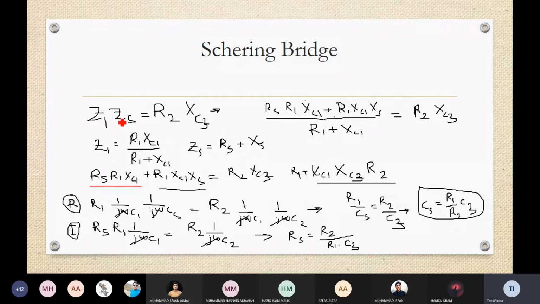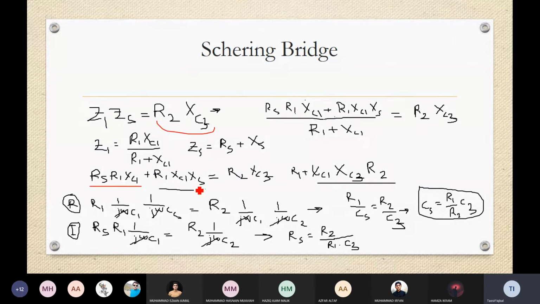And then the denominator of Z1 is multiplied on the other side. So we get two components on the right side: R2 XC3 multiplied by R1, and then R2 XC3 multiplied by XC1.